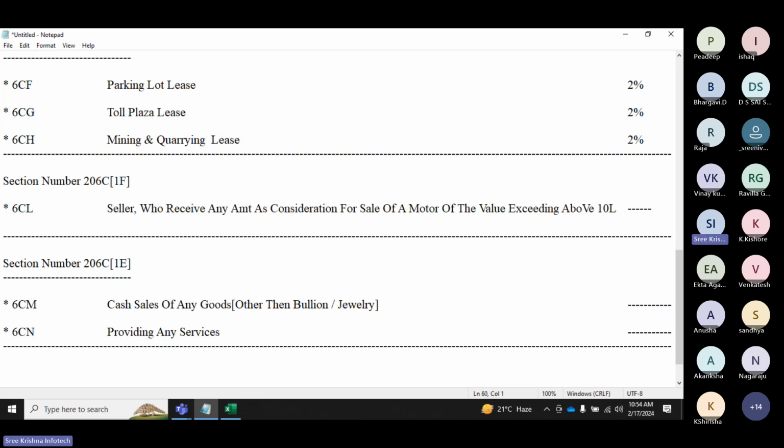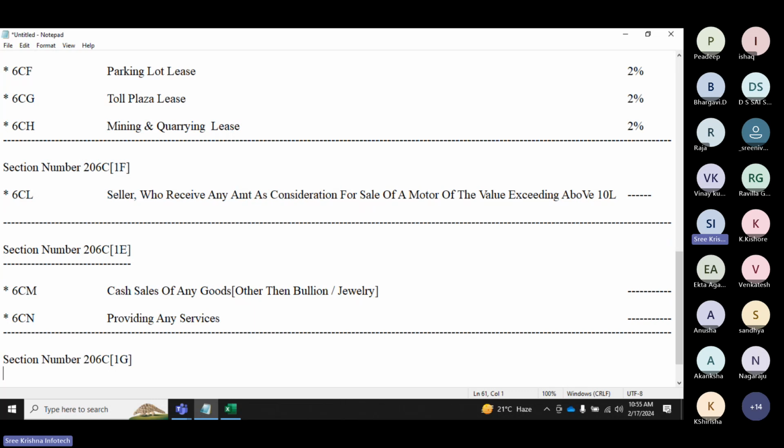Okay, now we'll go for section number 206C 1G is the act.